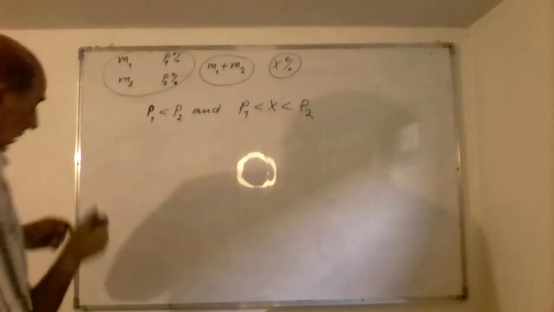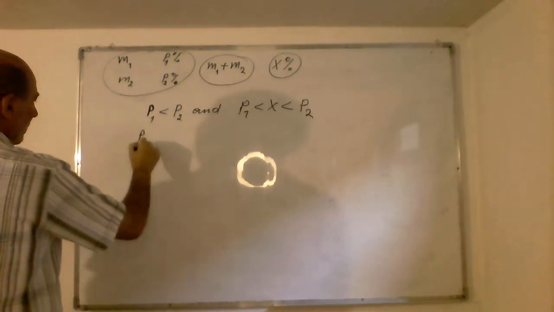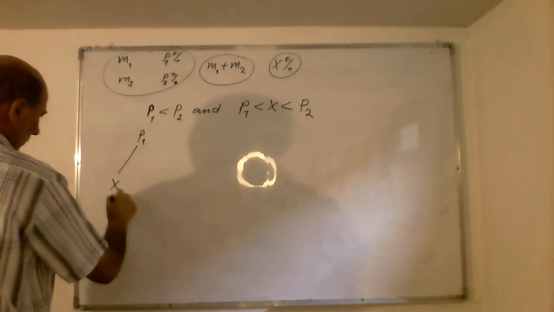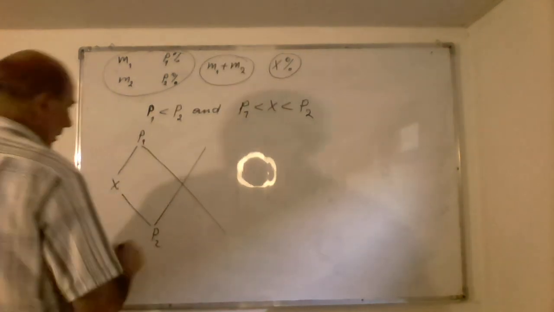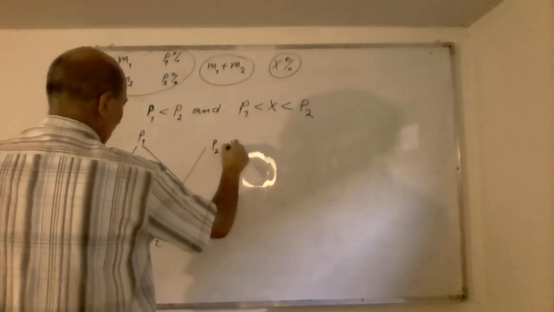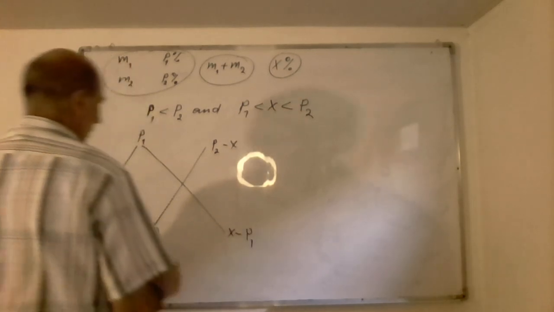And then we can draw the diagram: P1, X, P2, with P2 minus X and X minus P1.